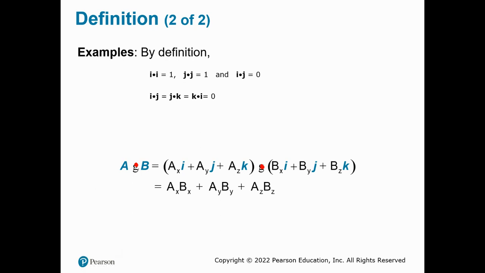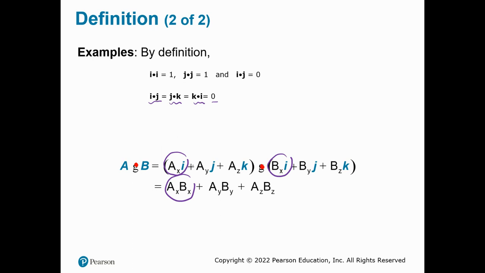So A dot B over here, because we have i dot j, j dot k, and k dot i will always be 0. The result for A dot B, when we write the whole vector out with the X component, Y component, Z component for both vector A and B, is that one multiplied by that one gives you that, and i dot i is 1.